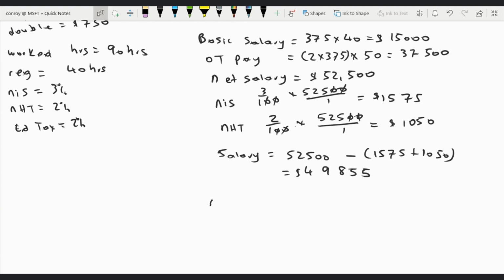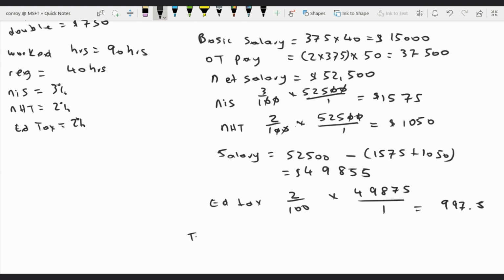We should calculate our education tax, which is 2%. So it's 2 over 100 times our 49,875 over 1. Alright, our contribution for this would be 997.5.